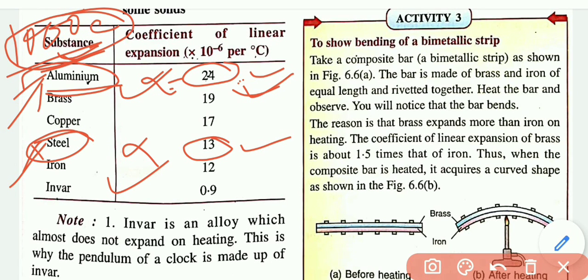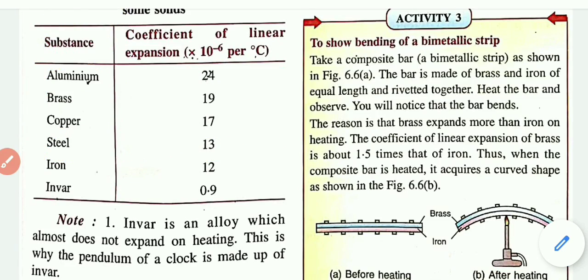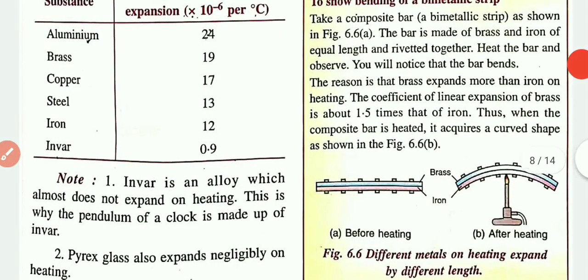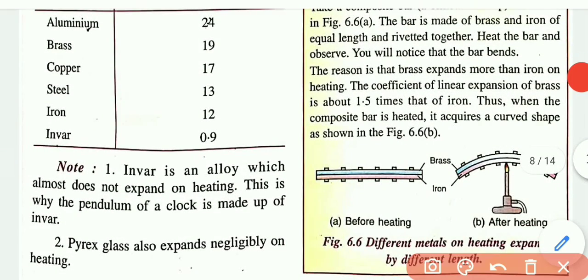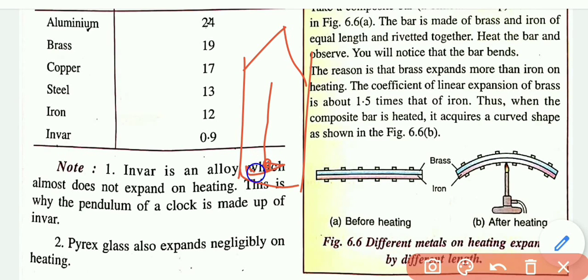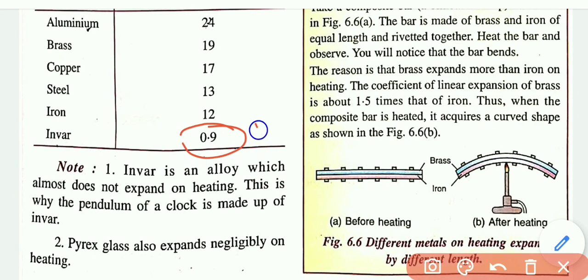And we use ivory in the pendulum of a clock. This type of clock was there earlier, with a pendulum that just oscillates. The bob of the pendulum is made of ivory, a type of alloy whose coefficient of linear expansion is 0.9. That's why it will not expand on heating.